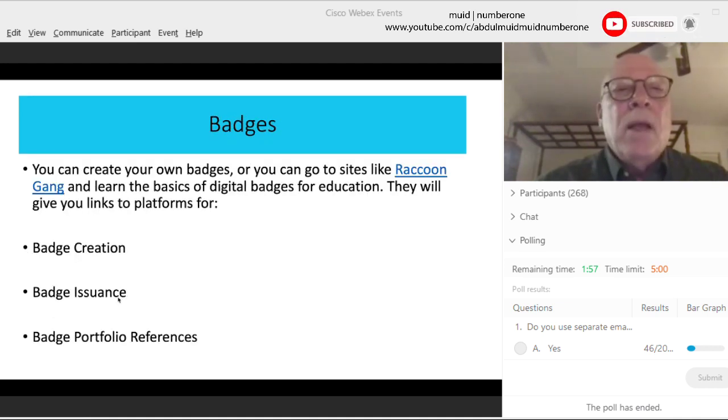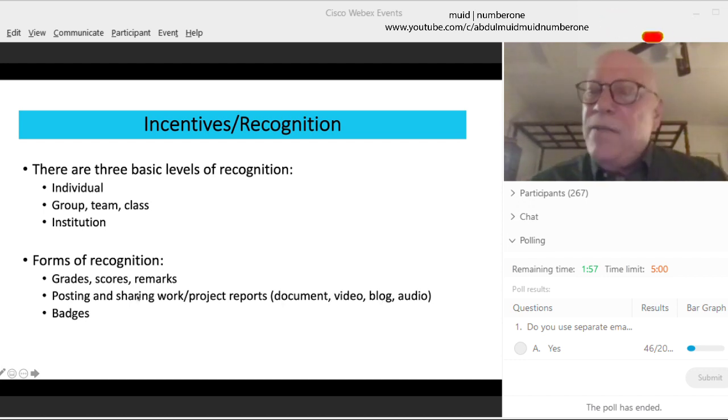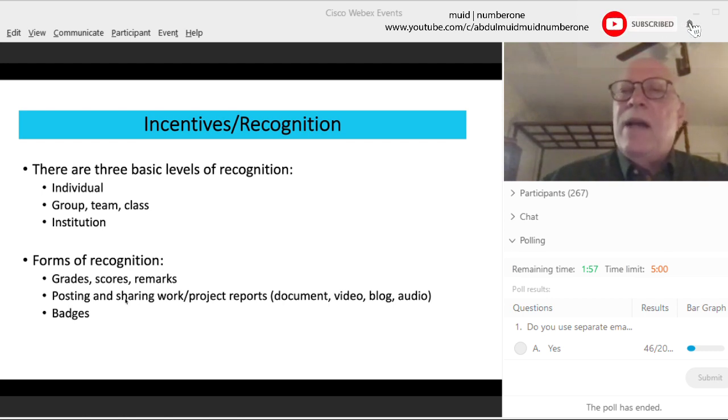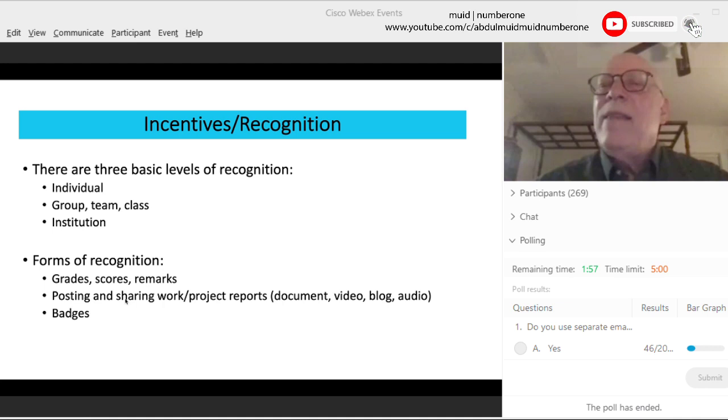Let me go back. Posting and sharing project work and reports through document, video, blog, audio. A lot of students, I find that when I was teaching students how to write articles, they did so until they realized that I was going to put their article in a class newsletter and I was going to circulate that newsletter throughout the school.